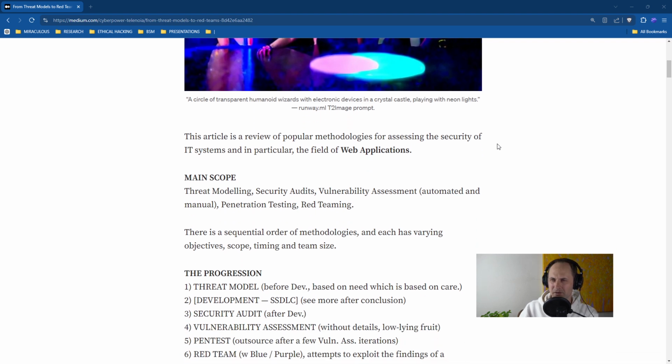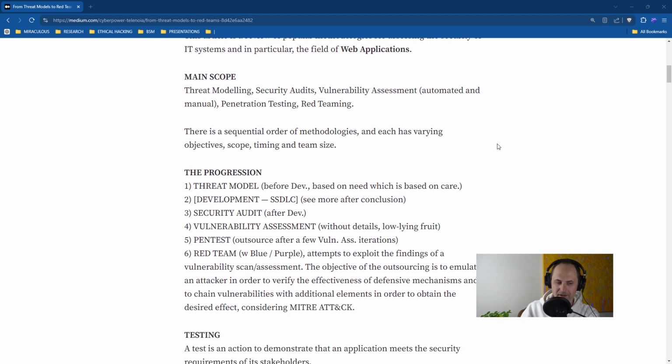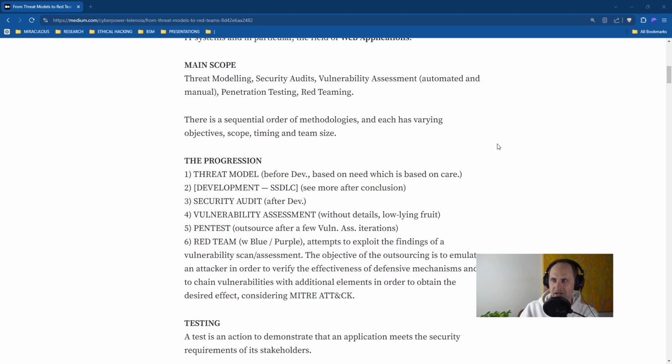This article is a review of popular methodologies for assessing the security of IT systems, and in particular, the field of web applications. Main scope: threat modeling, security audits, vulnerability assessment, automated and manual, penetration testing, red teaming. And that was that area on the diagram. There's a sequential order of methodologies, and each has varying objectives, scope, timing, and team size.